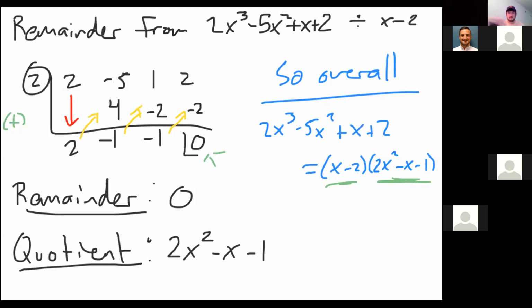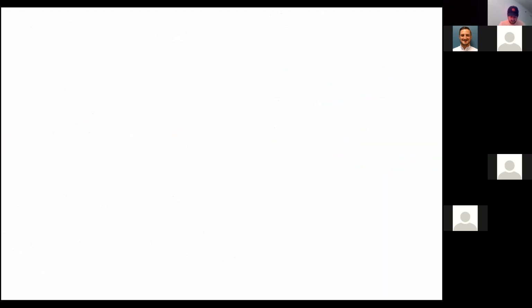Let me write it on Zoom. I can't share my screen too well here.